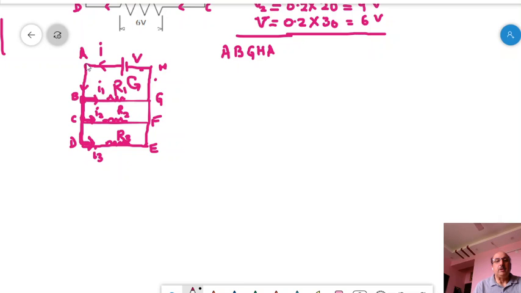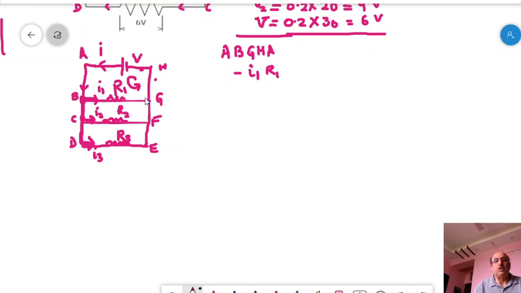Starting from point A, the first appliance comes R1, and the current moves from higher to lower potential end, so it is minus I1 R1, the voltage across it.